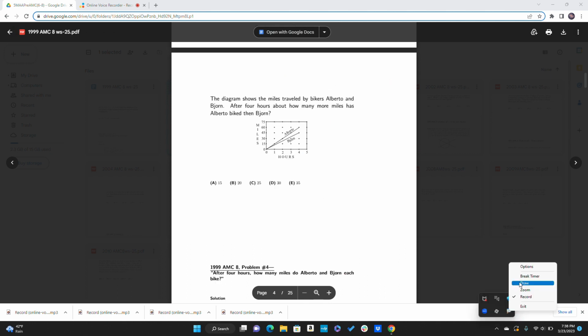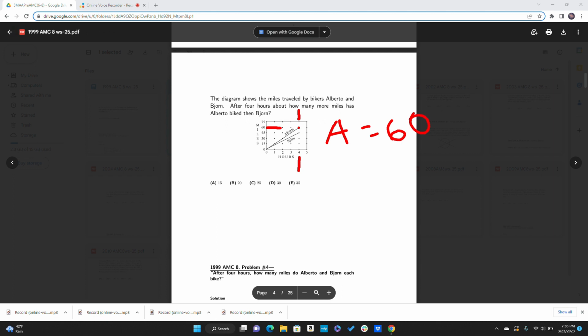Cool. Let's keep going. After 4 hours, how many more miles has Alberto hiked than Bjorn? Let's look at our graph. At the 4-hour mark, along this line right here, we see that Alberto has hiked 60 miles. And Bjorn is a little lower, he's only at the 45 mark.